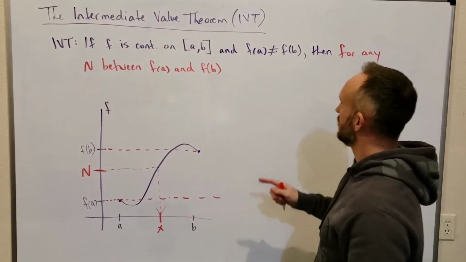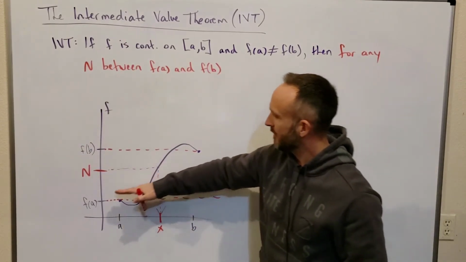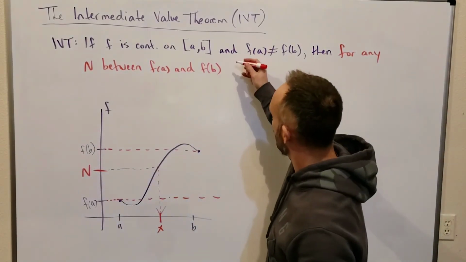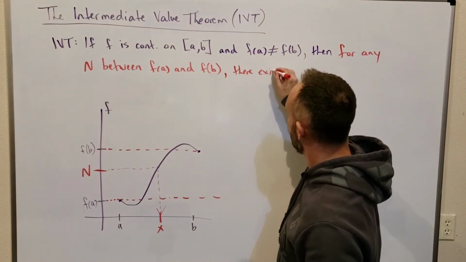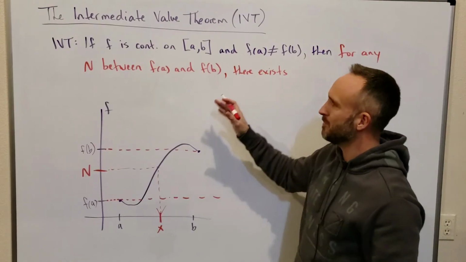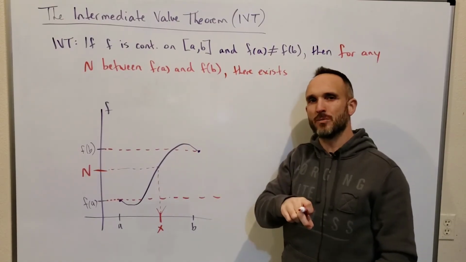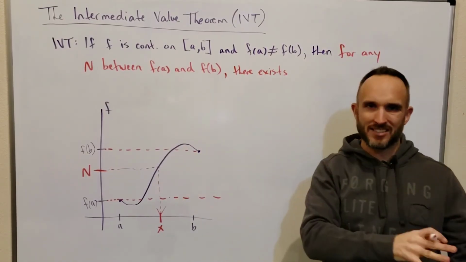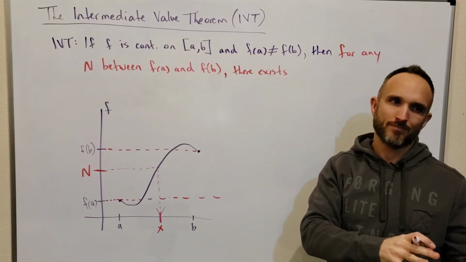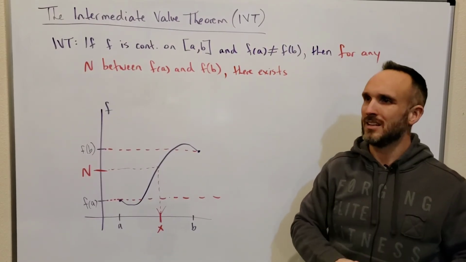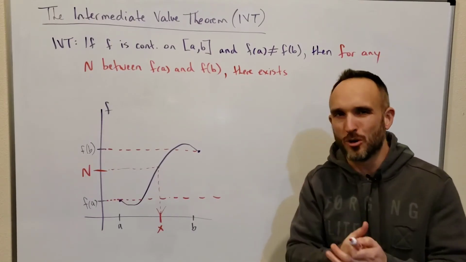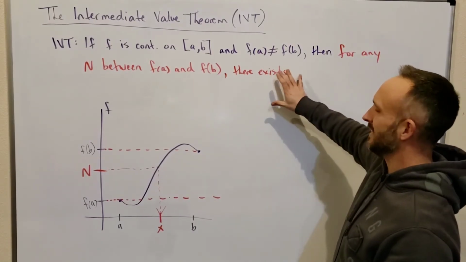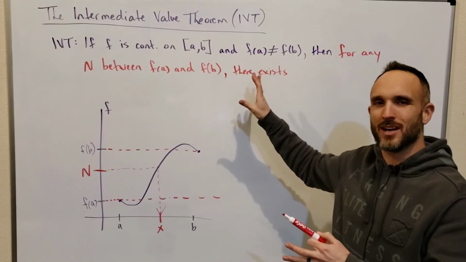All right? So for any n between f of a and f of b, the way we say this is there exists. So the intermediate value theorem is an existential theorem. It guarantees the existence of something. That's pretty nice. It's not as nice as providing a way to determine the thing that it guarantees to exist, right?